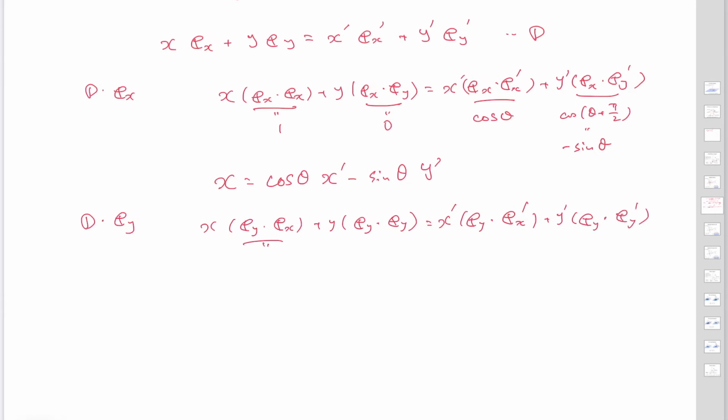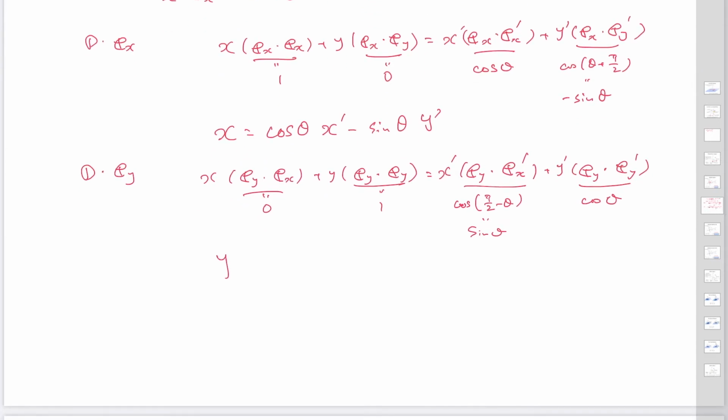This is 0, this is 1, this is cosine of pi over 2 minus theta, which is sine theta, and this is cosine theta. So y equals sine theta x prime plus cosine theta y prime.